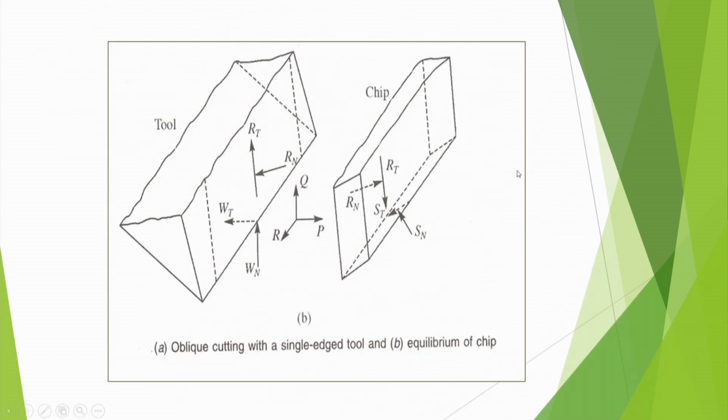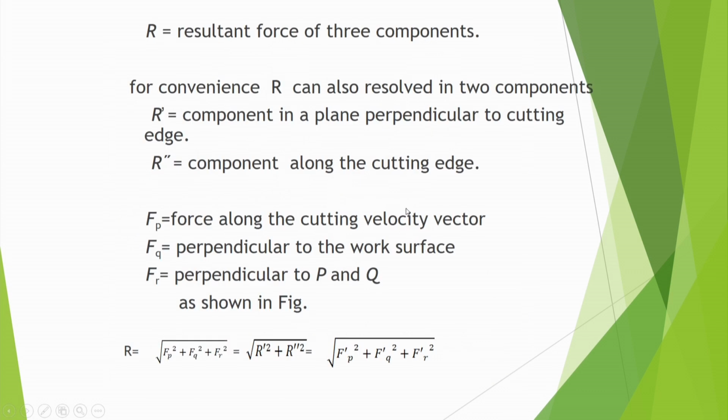Generally, if we have oblique cutting with a single edge tool, then on the tool you get tangential and normal forces like this, and on the chip also you get forces in other directions. If we say the resultant of all the forces is R, then R can be resolved into two components.